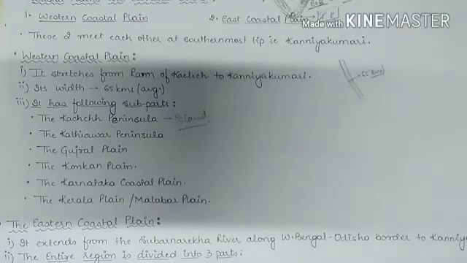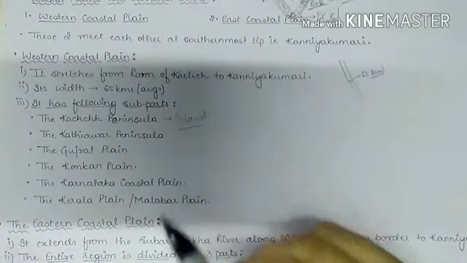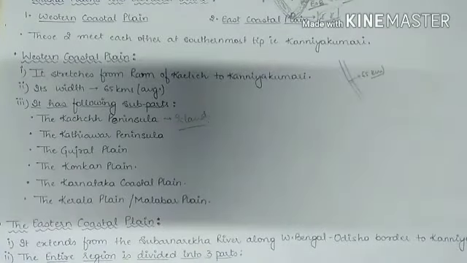Okay, so the Kutch Peninsula and Kathiawar Peninsula, some of them consider it a part of the Peninsular Plateau, because the Kathiawar is made up of Deccan lava, and there is tertiary rock in the Kutch area. Okay, while others consider it a different entity.